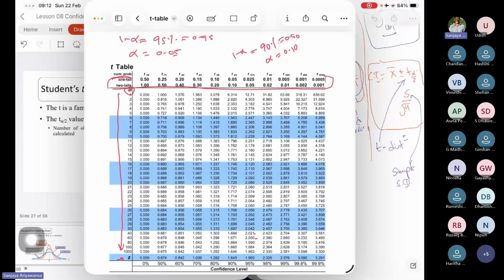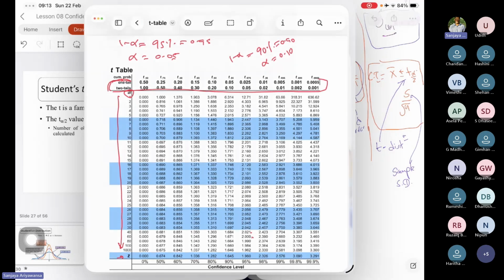Then what you have here on top is whether the particular distribution is a one-tail test or a two-tail test, so we'll get to that as well. I think we looked at a few.